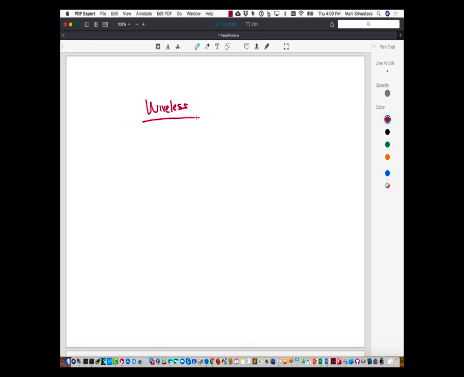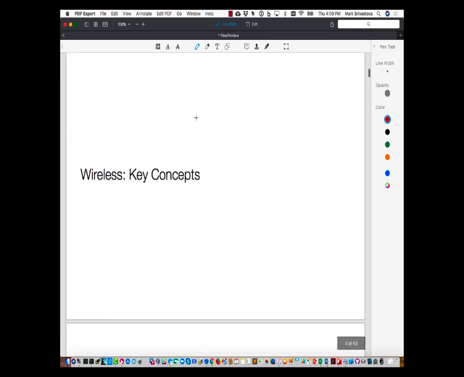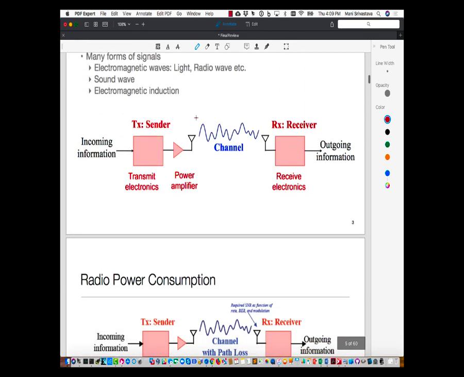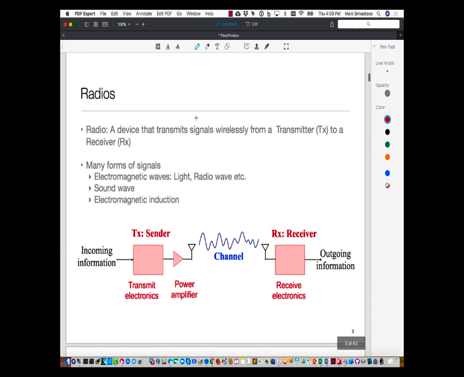One of the very first things, and I'm going to revert to the slides, was that if you think about the way the radios work, you have the electronics, and you have to amplify the signal so that you can transmit it over the air.